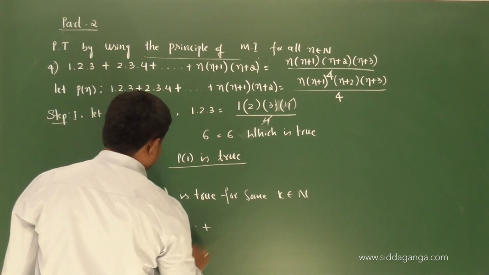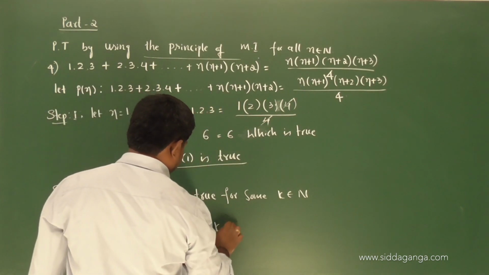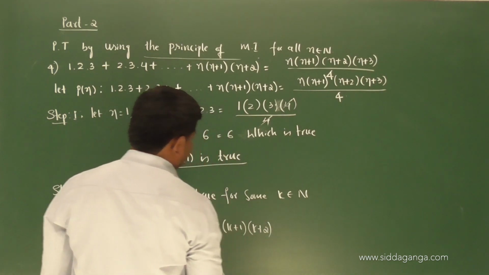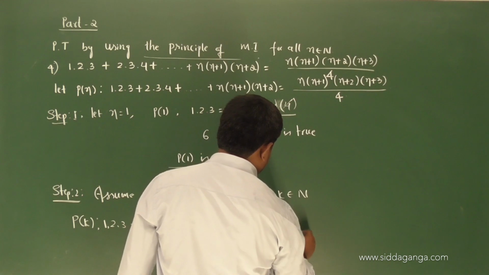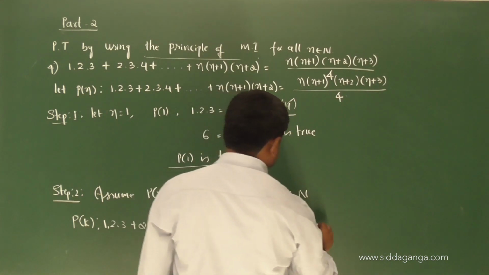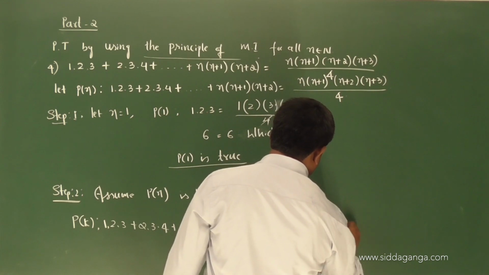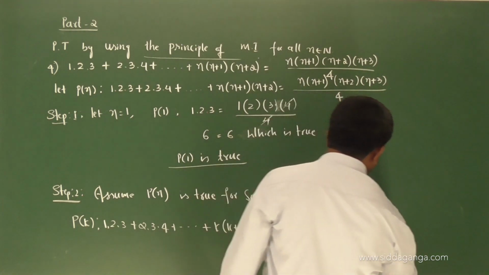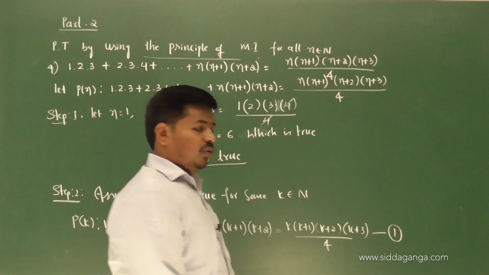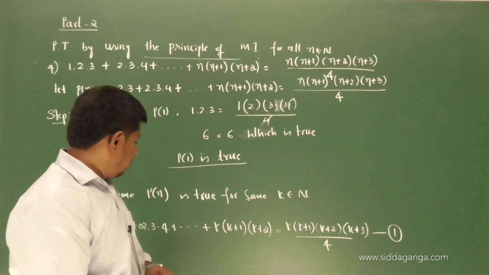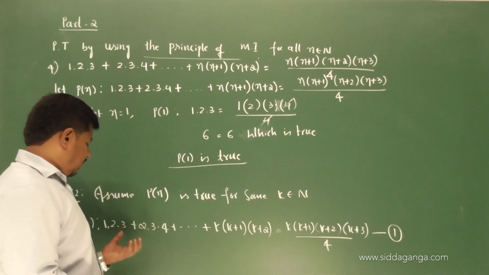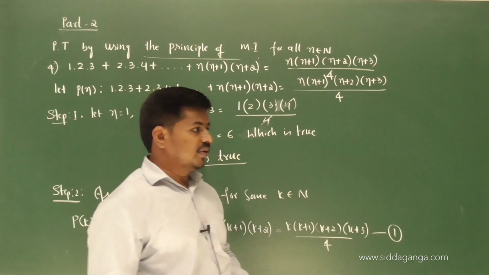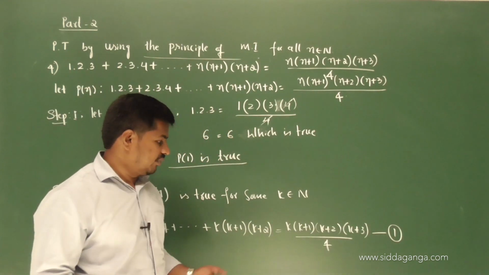In place of n, replace n by k: k into k plus 1 into k plus 2, is equal to k into k plus 1 into k plus 2 into k plus 3 by 4. This is what we assume to be true for some k natural number. The sum of the series up to k terms is k into k plus 1 into k plus 2 into k plus 3 by 4. This is what we assume to be true.